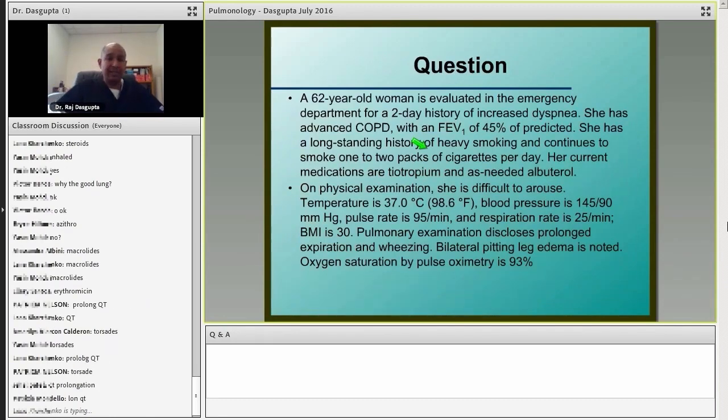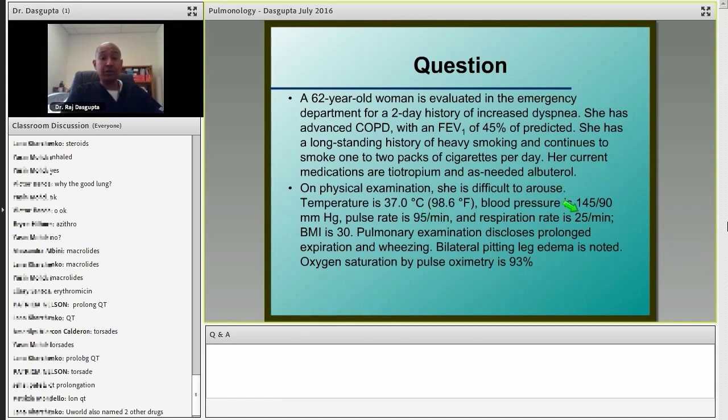Let's do a couple questions. A 62-year-old woman is evaluated in the ER for a 2-day history of increasing shortness of breath. She has advanced COPD with an FEV1 of 45% of predicted. She has a long-standing history of heavy smoking and continues to smoke, good job, 1 to 2 packs per day. Her current medications are tiotropium and as-needed albuterol. On exam, she's difficult to arouse. She's afebrile, normotensive, non-tachycardic, tachypneic at 25.